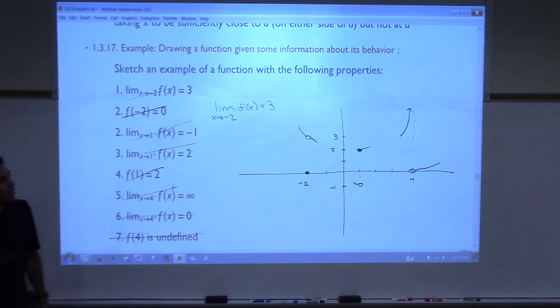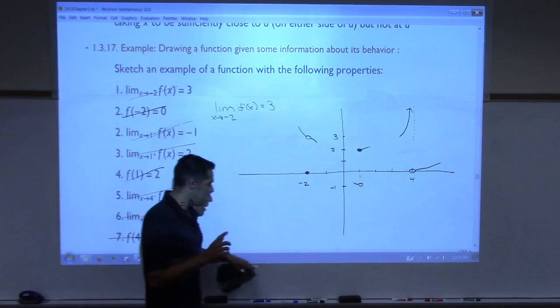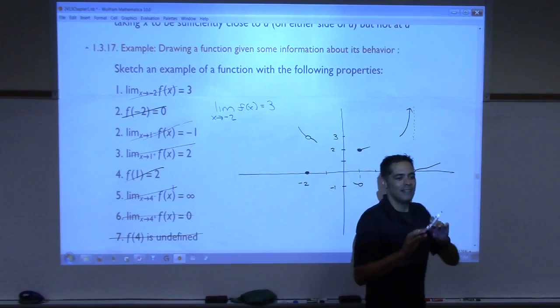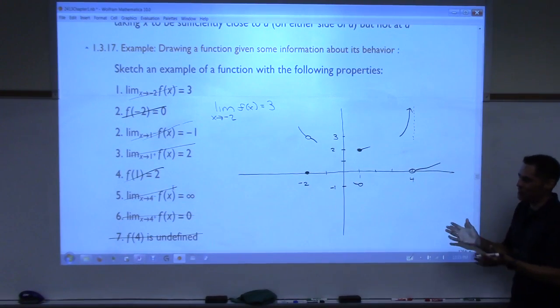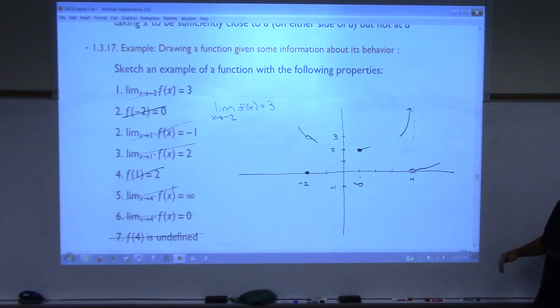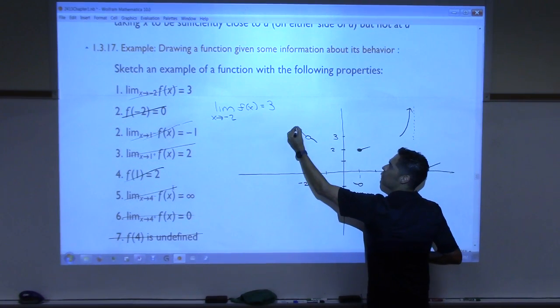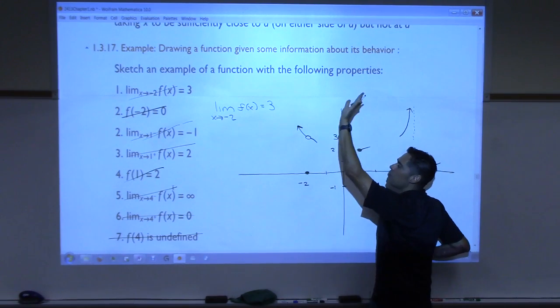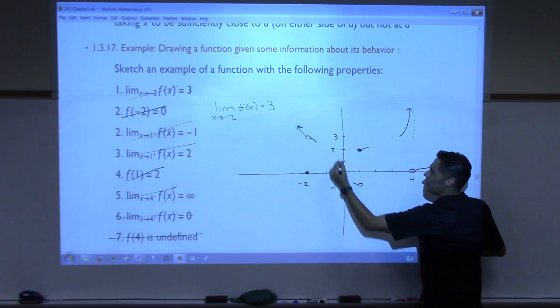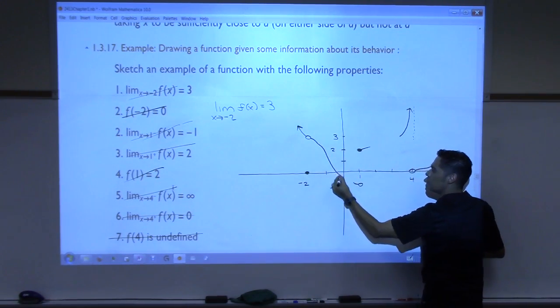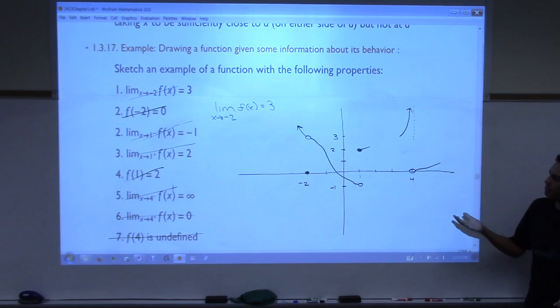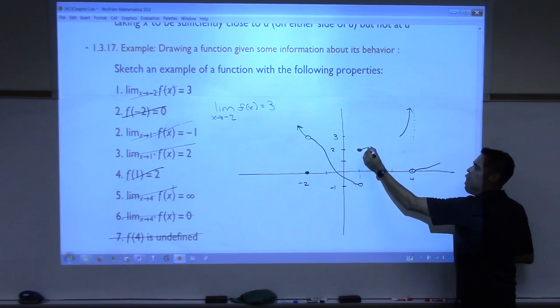Now I need to put it all together. This needs to be a nice looking, smooth function, not with all these little gaps and breaks in it. So I think there are some natural things I could do here. Like this, I could just put a little arrow on it to say, hey, it just goes like that. And then from here to here, I could just connect these, right? This seems like a pretty natural one here.